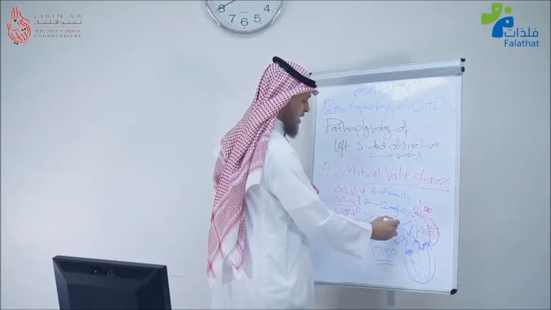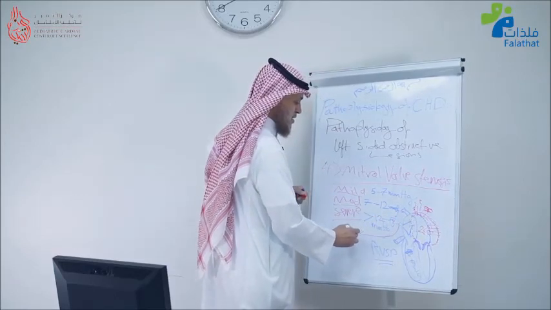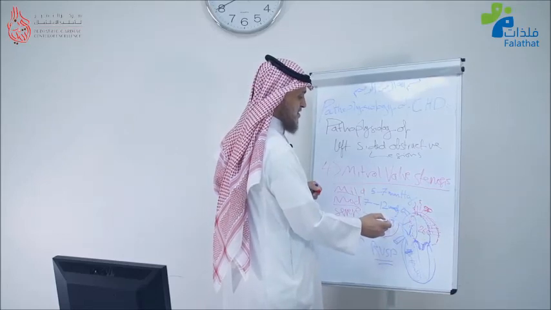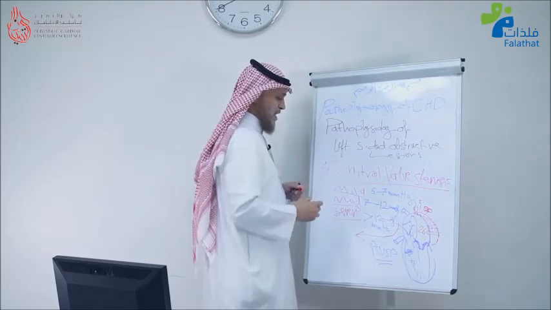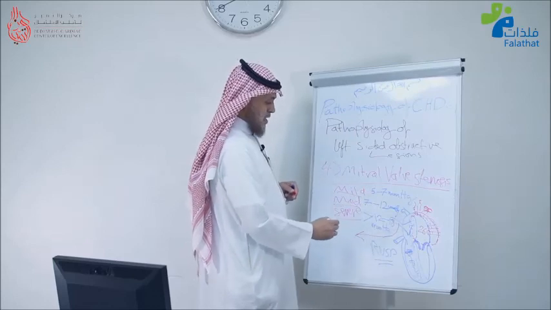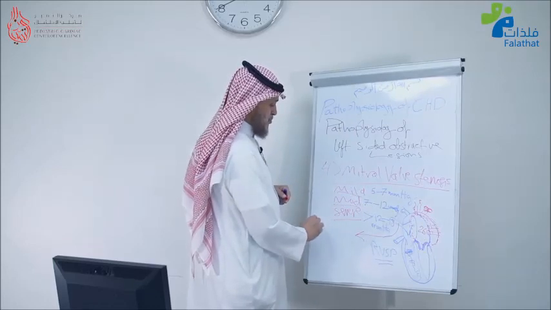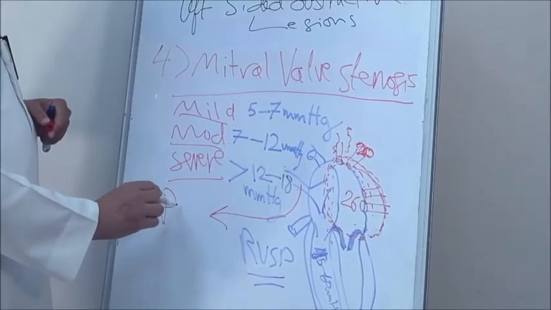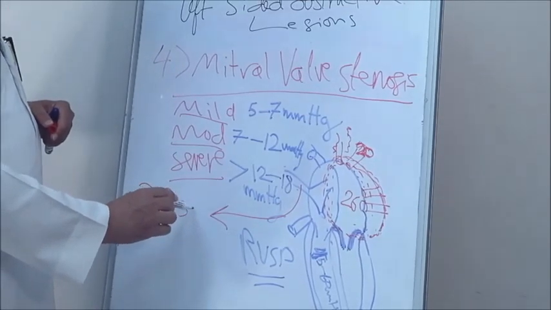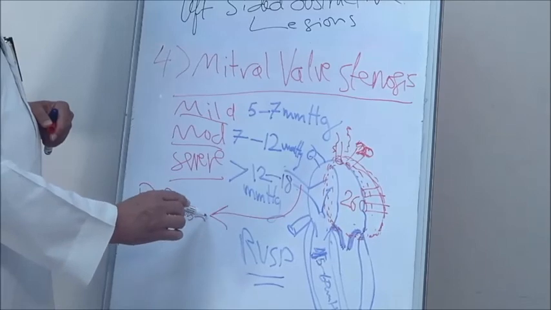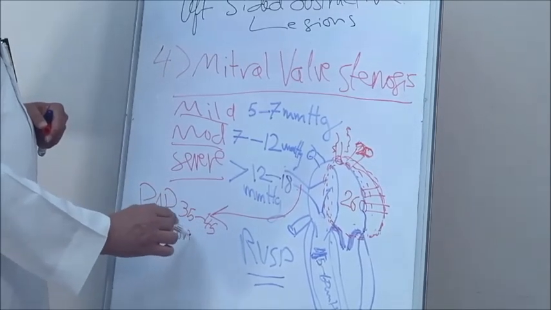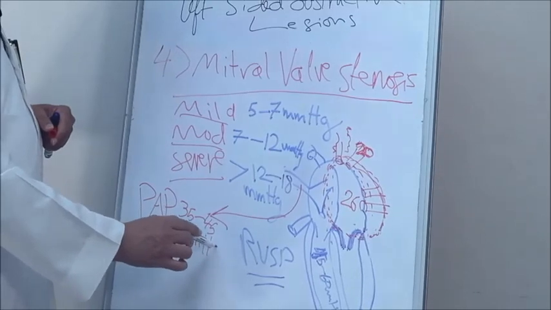Your pulmonary artery pressure: if the gradient is 18, the difference is 18 plus the normal 18, our mean PAP will be in the range of 35 to 45 millimeters of mercury.